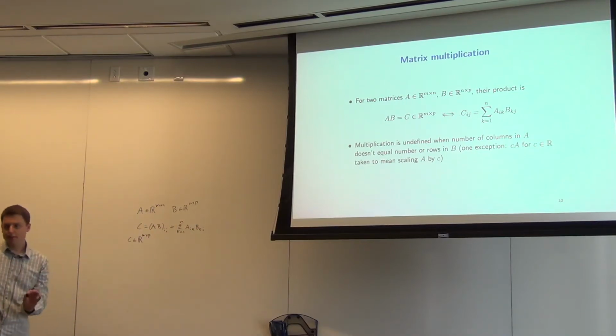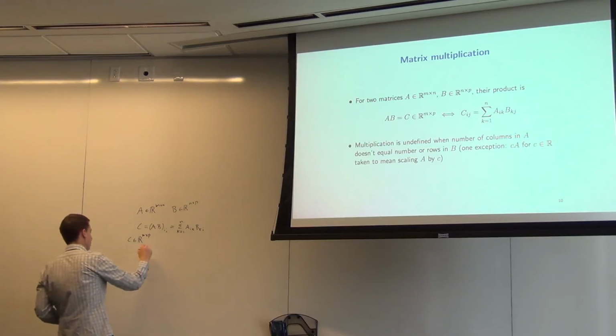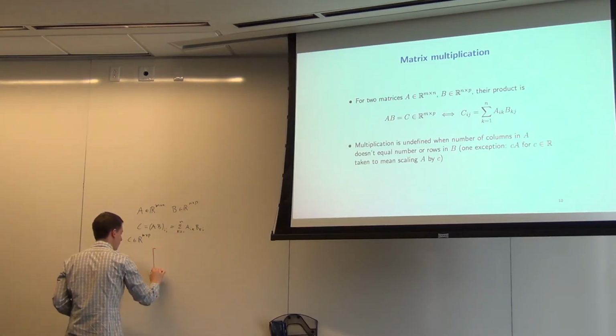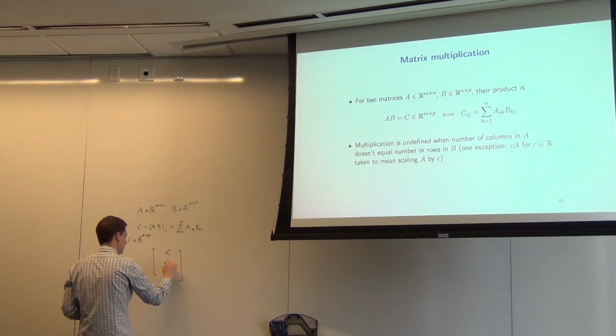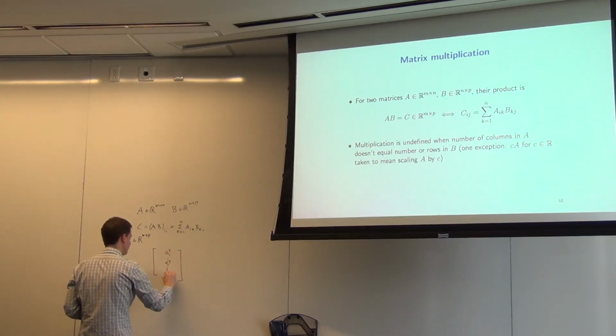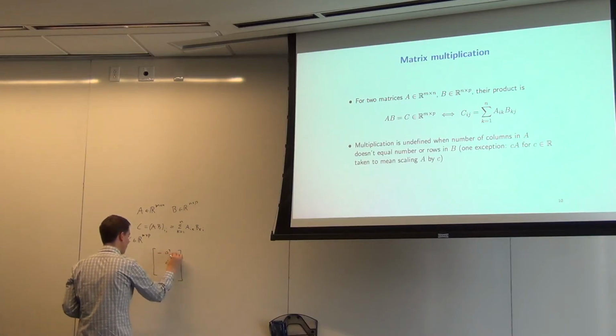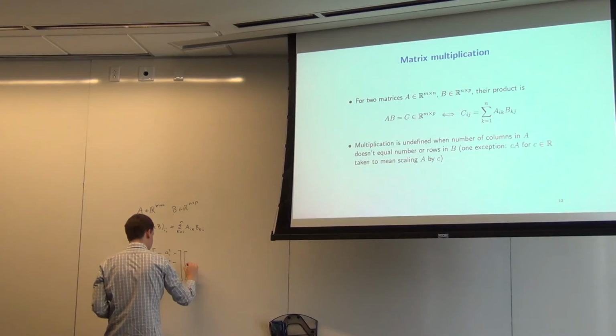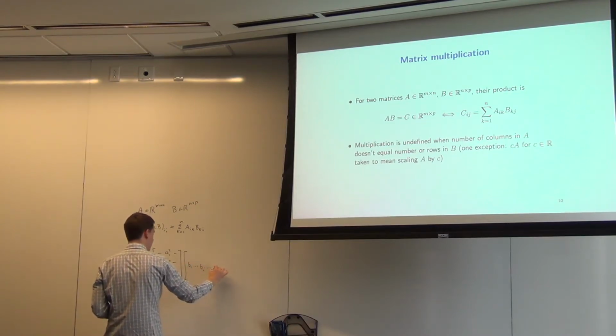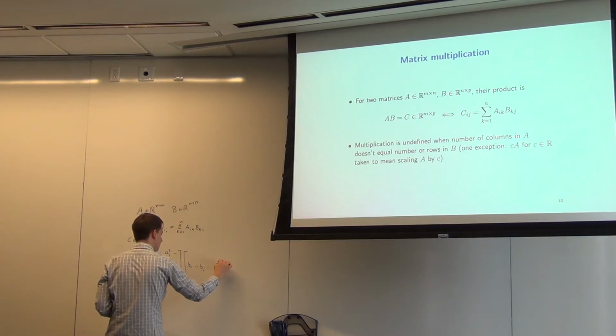One way to think about this is the following. Let's write A by its rows, a_1 transpose, a_i transpose, a_m transpose, and B by its columns, b_1, b_j is somewhere there, and b_p is the last column.